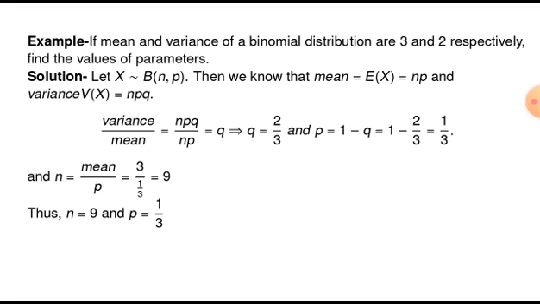I'm sorry, you are not still introduced to mean and variance, so I will skip this example and we will move on further to study first of all what is mean and what is variance of binomial distribution, and then we will come back to this example.